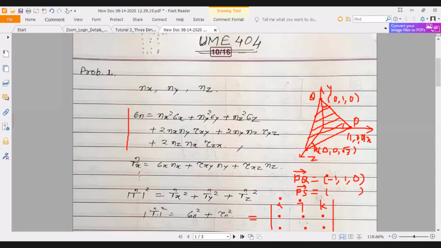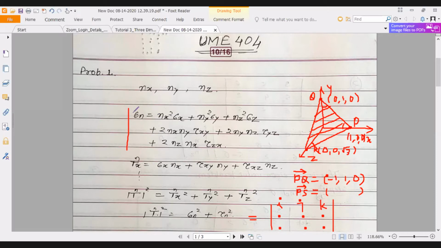After calculating nx, ny, nz, the rest of the question is very straightforward, as we have done in the last tutorial class. That is sigma n. You need to put in all these calculated values of nx, ny, nz, and the stress components that are given to you: sigma x, sigma y, sigma z, tau xy, tau yz and tau zx.